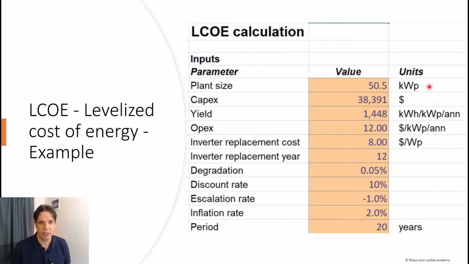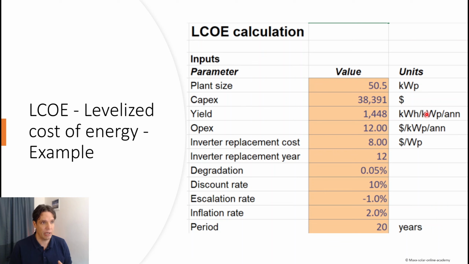Okay, so let's have a look at all the variables that you have to take into consideration to calculate the LCOE for a solar plant. Let's go through all these variables one by one. Firstly, your plant size in kilowatt peak, in this case a 50.5 kilowatt peak system. Then secondly, your capital expenditure or CapEx, in this case $38,391,000. Then your yield, what is your expected energy yield in the first year?